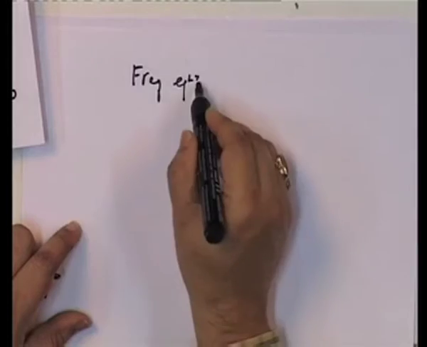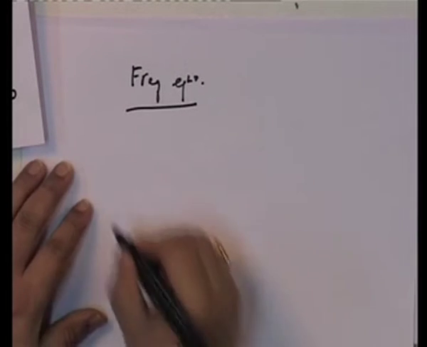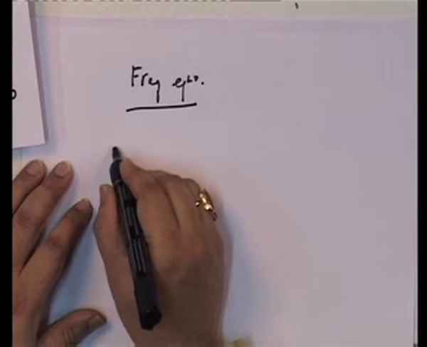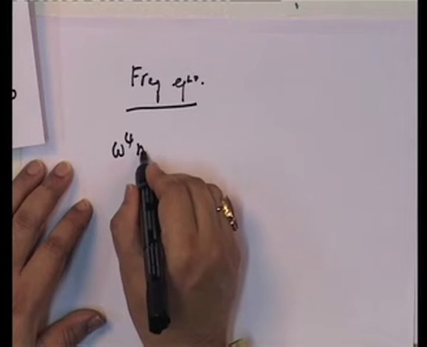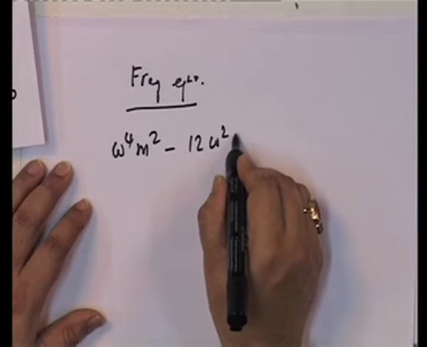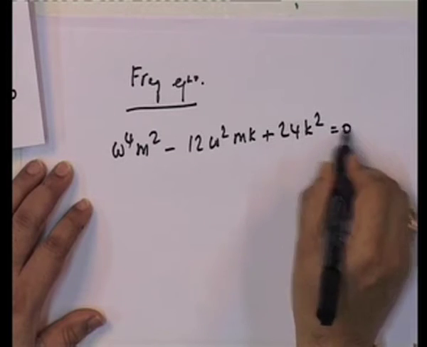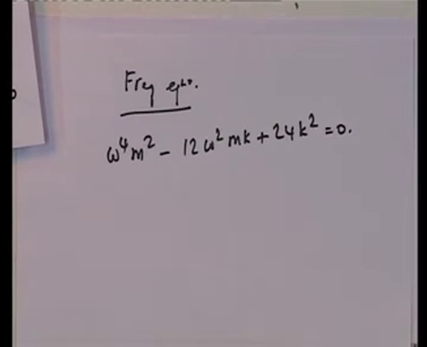The frequency equation essentially becomes omega fourth m squared minus 12 omega squared m k plus 24 k squared is equal to 0. Now, this cannot be factored. Factorization is a standard thing, but we can solve for omega squared.